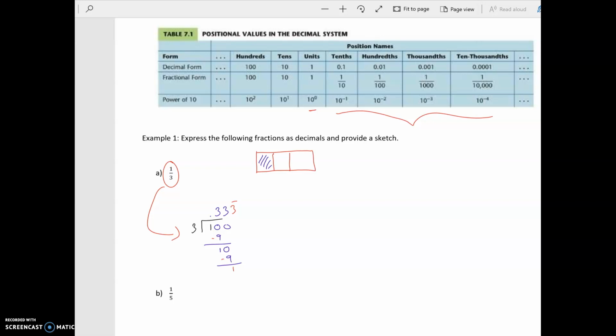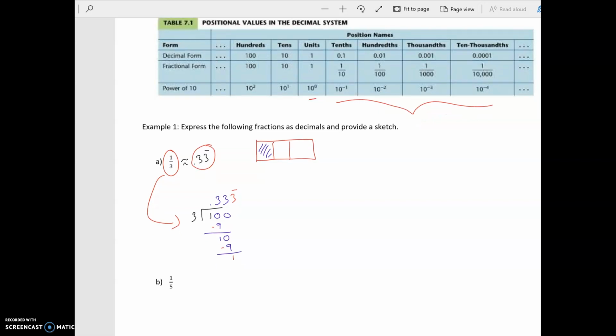Here you could say that this is approximately 0.33 repeating. At a minimum, you need 2 decimal places. You don't need to go beyond that, but that would be perfectly fine. We always write it as approximately, because we're losing precision as we carry out this division. 1/3 as a decimal is never going to be an exact value.